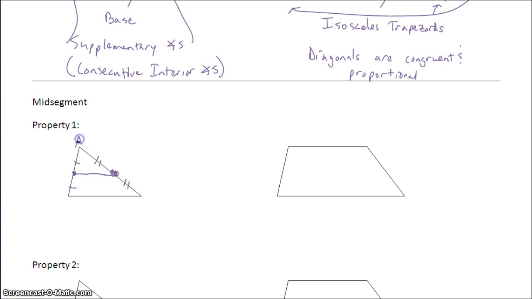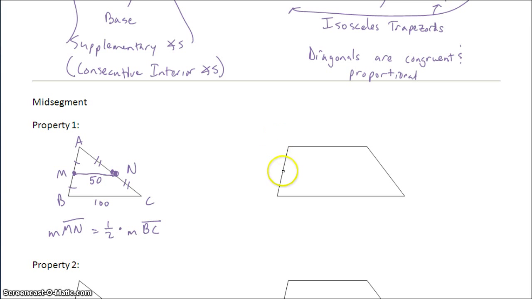Now, if we have triangle ABC, and M is the midpoint of AB and N is the midpoint of AC, we had that formula that said the measure of MN was going to be 1/2 the measure of BC. So if this side was 100, MN is 50.